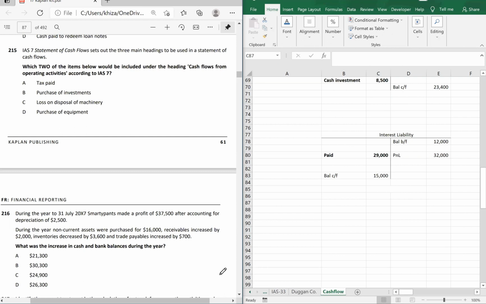Loss on disposal and tax. Tax. Okay. Purchase of investments and purchase of equipment both come under investing.